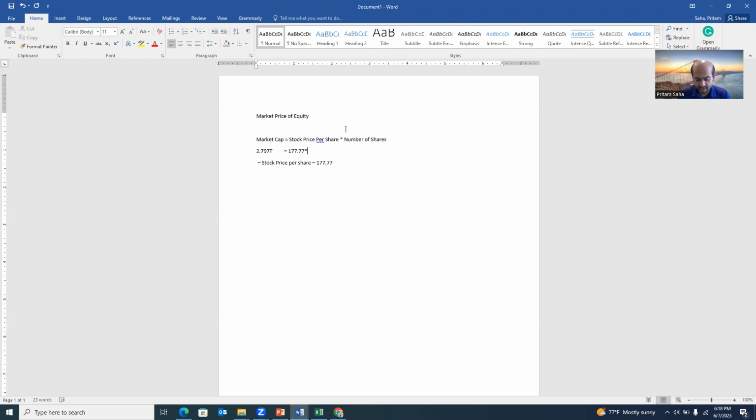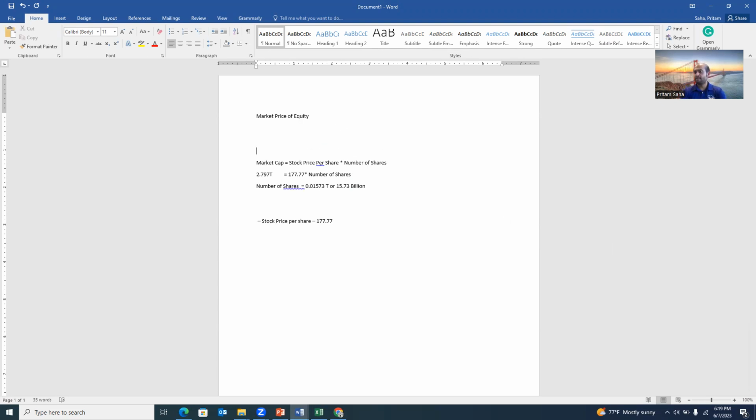So the number of shares should be 2.797 trillion divided by 177.77, which is 0.01573 trillion, or you can say 15.73 billion shares.